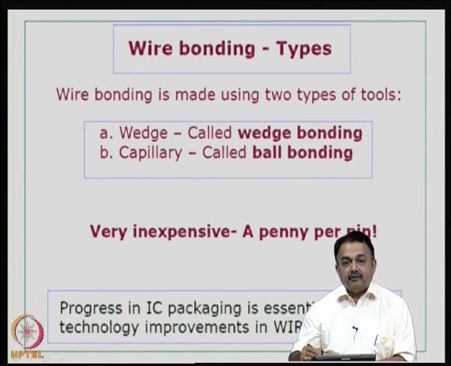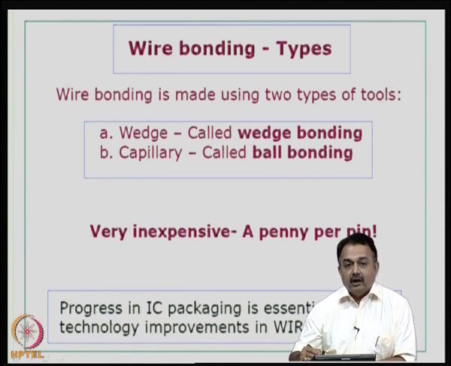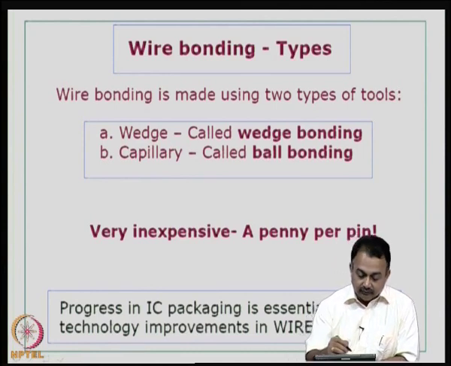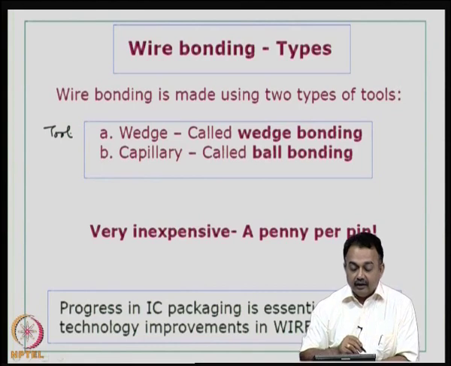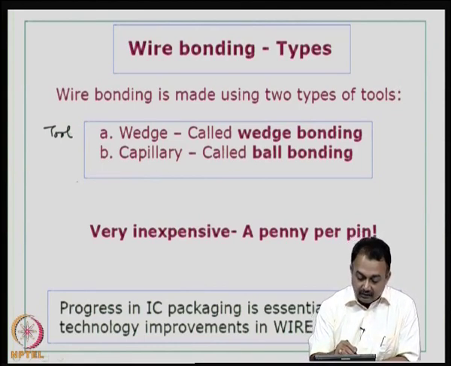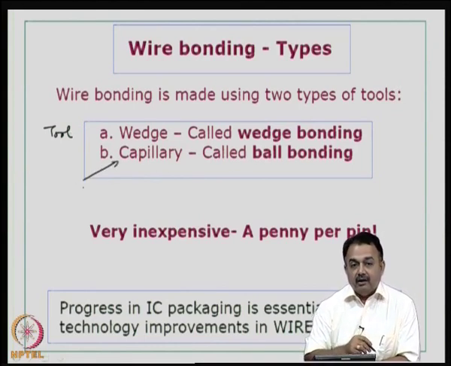So, wire bonding is of two types. One is known as wedge bonding, the other is known as ball bonding process. The wedge bonding uses a wedge tool. So, here the tool is a wedge tool, and here in the ball bonding process you use a capillary where you can draw thin wires.